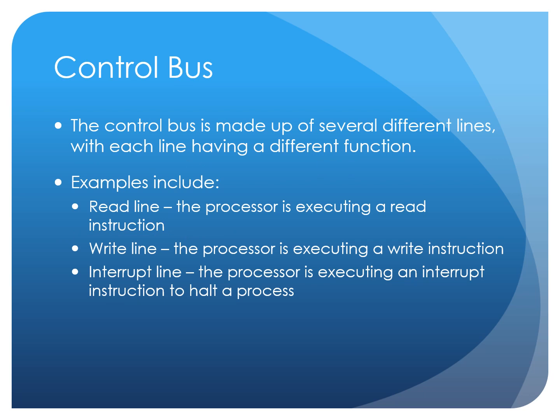The control bus is made up of several different lines and should be thought of as such. Examples of the different lines in there are the read line, the write line, and the interrupt line.